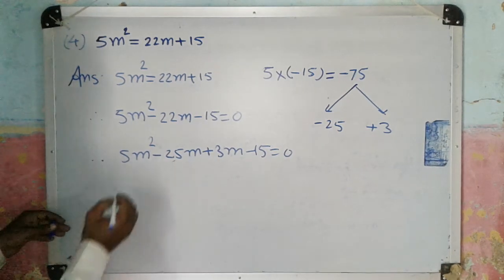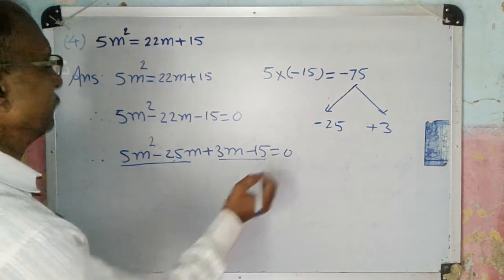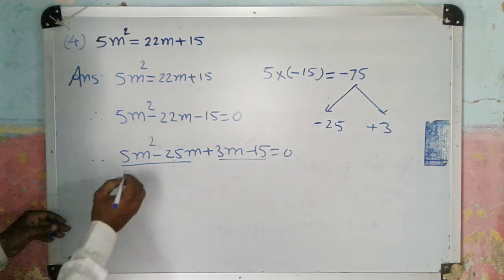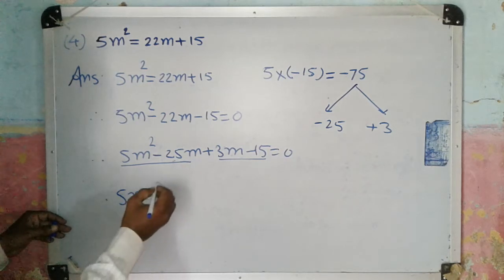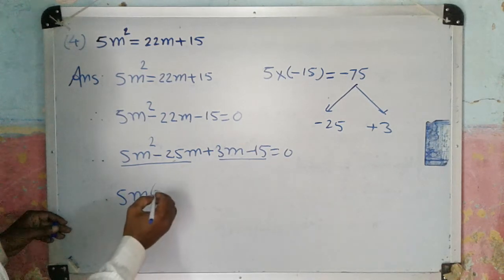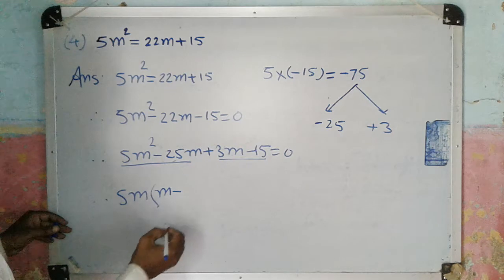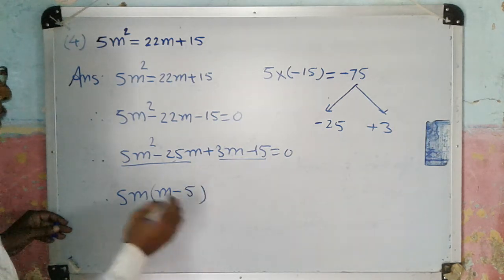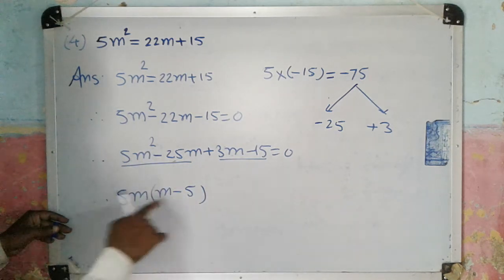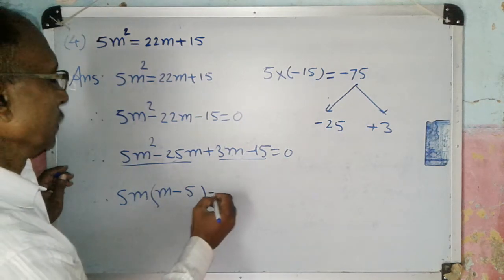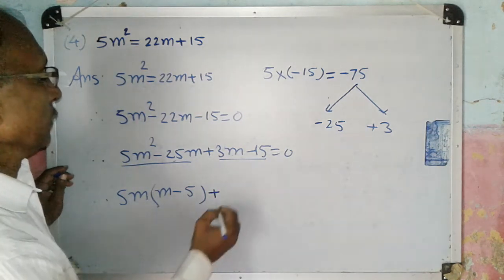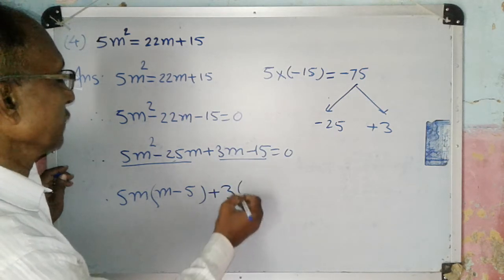Now make two groups. From the first group, we have the common factor 5m, and in the bracket we get m minus 5. 5 fives are 25. From the second group, the common factor is 3.